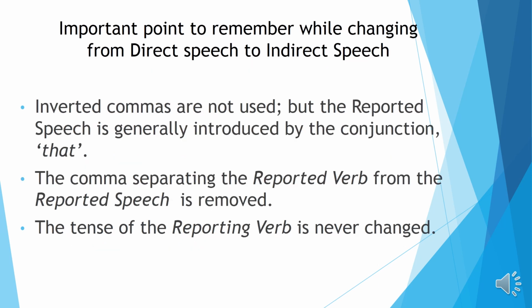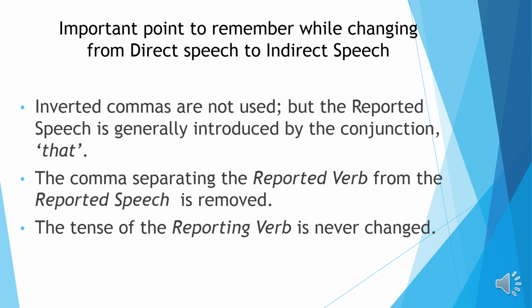Next, let us see important points to remember while changing from direct speech to indirect speech. So now we're changing from direct to indirect. What are the points? Inverted commas are not used, but the reported speech is generally introduced by the conjunction "that". So, as we have seen in the example, he said that he was busy then.